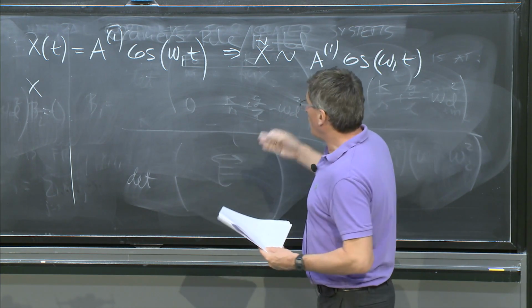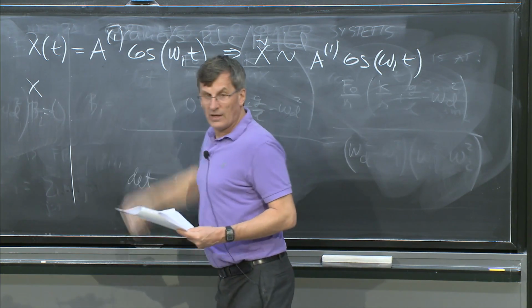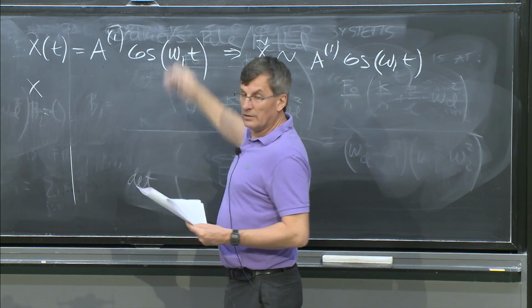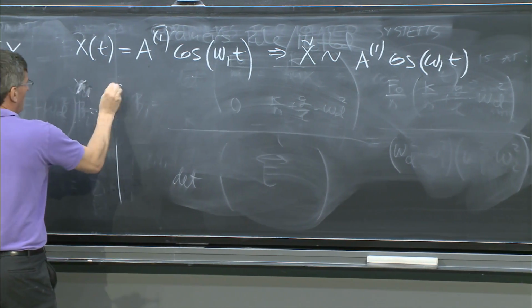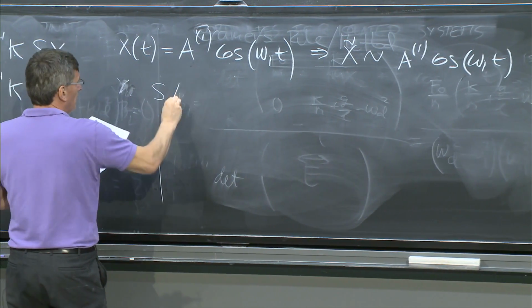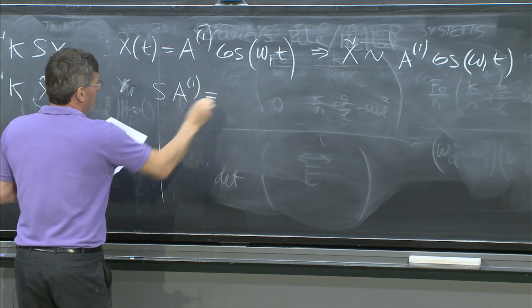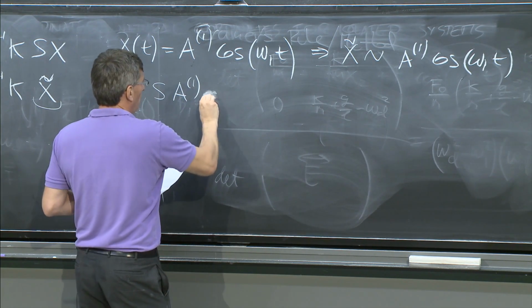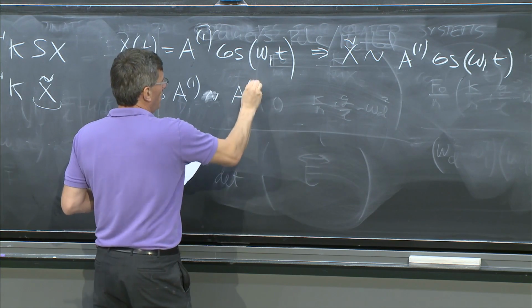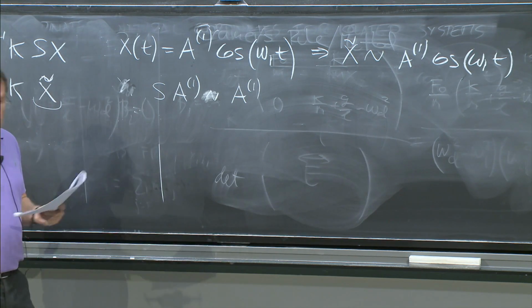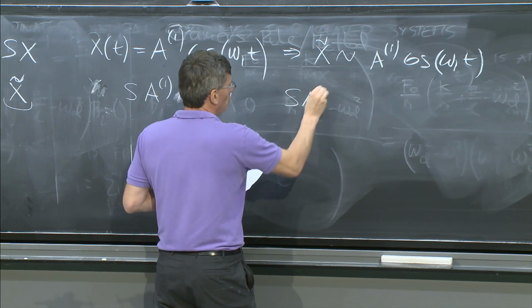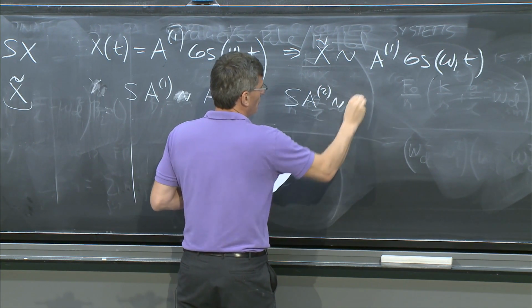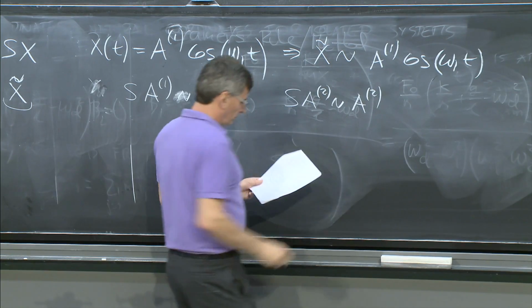So the only way this can work is that matrix S actually works on the vectors, on A1. This is just an oscillating factor. So we know for sure that S times A1 must be proportional to A1. Similarly, S times A2 is proportional to A2.